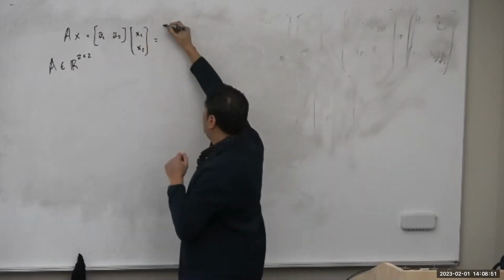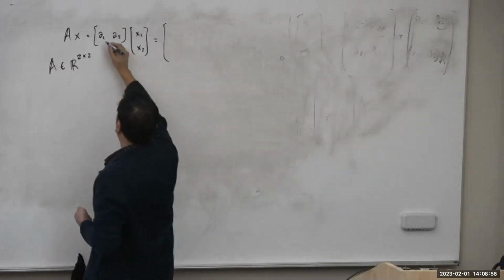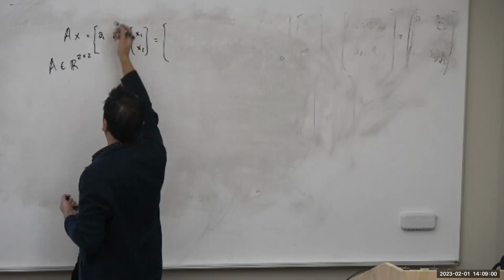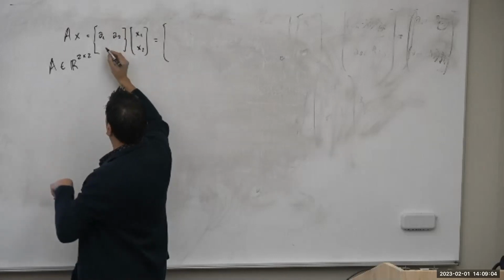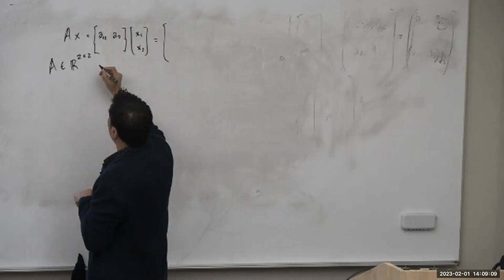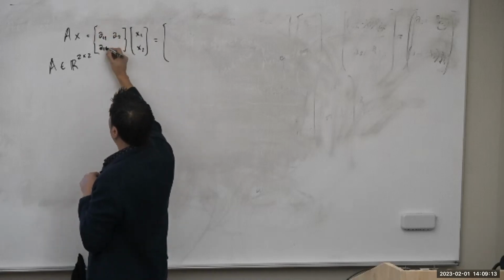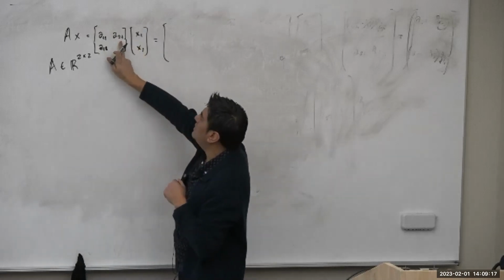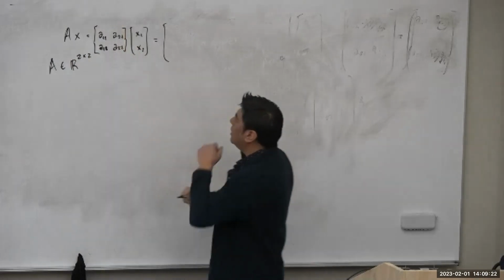So when you do this multiplication, basically what you get, and maybe let me expand this. And here this is A1, which is the first column. But let me put a second number here. A11 is the first term of that first column, and A12 is the second term of the first column. And this one is going to be the first term of the second column of A, and this is the second term of the second column.